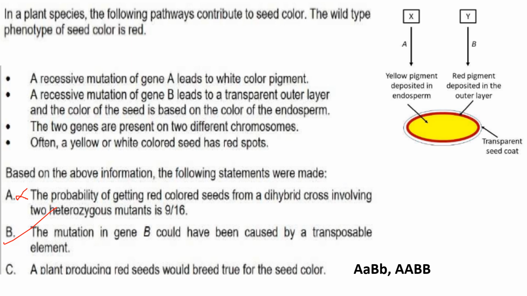But if it is homozygous, capital A, capital B, then you will get true seed color. So a plant producing red seeds may be in the heterozygous condition or the homozygous condition. So a plant producing red seeds need not breed true for the seed color. So only B is the correct statement. Answer is B only.